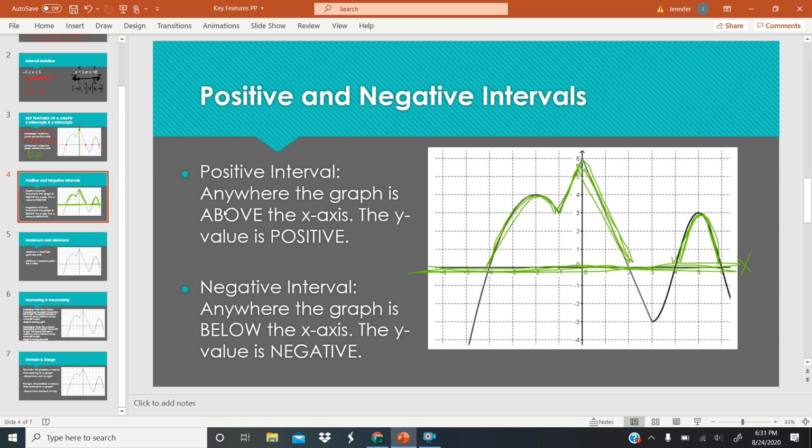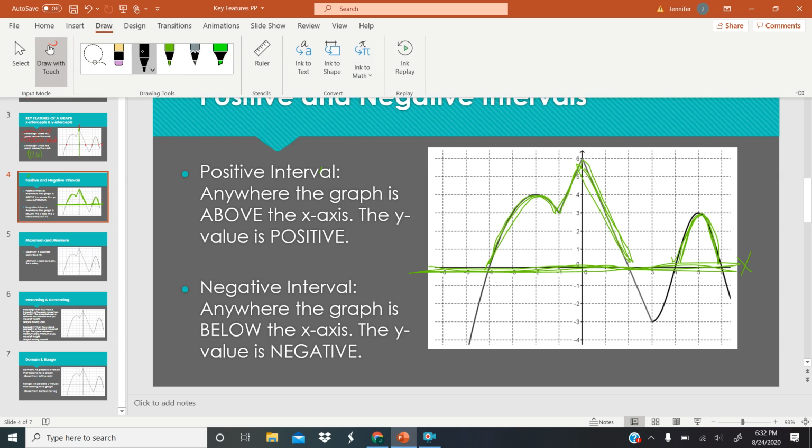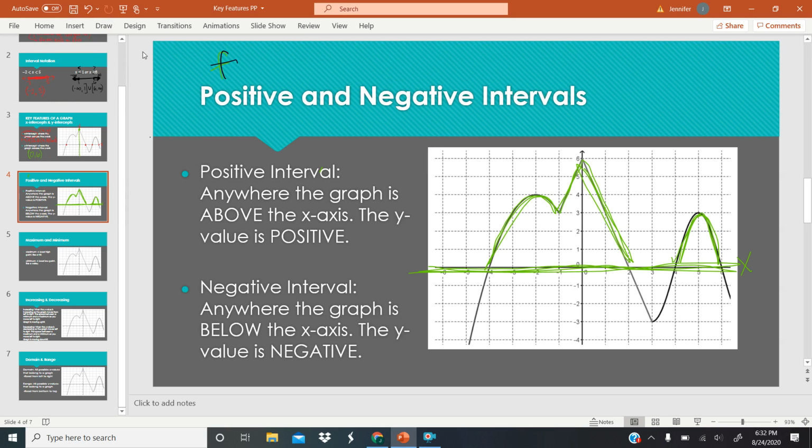We're going to write the interval. So to do that, we're going to want to use interval notation. So with interval notation, you're going to be going from an x to an x, from the x to the next x in interval notation.